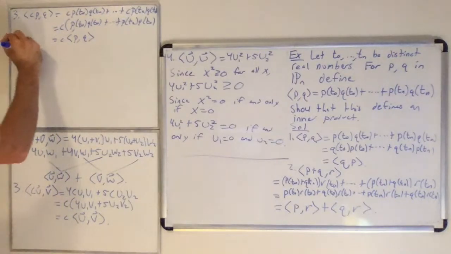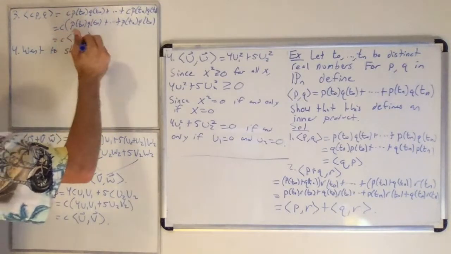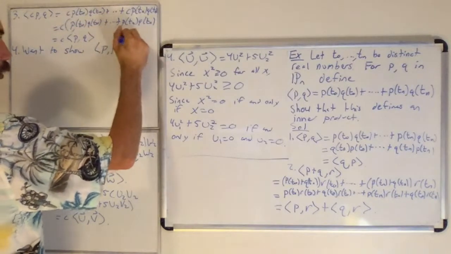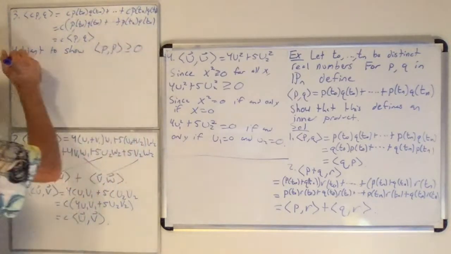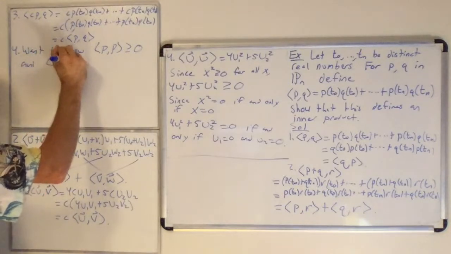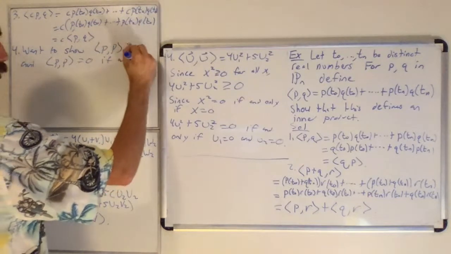So we want to show that P is greater than or equal to 0, and P equals 0 if and only if what?